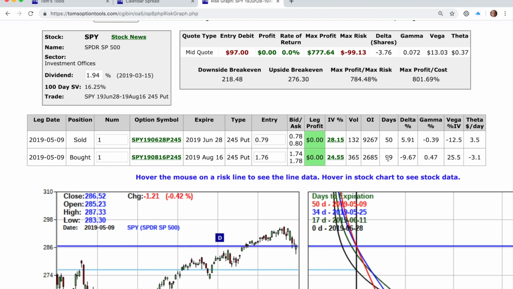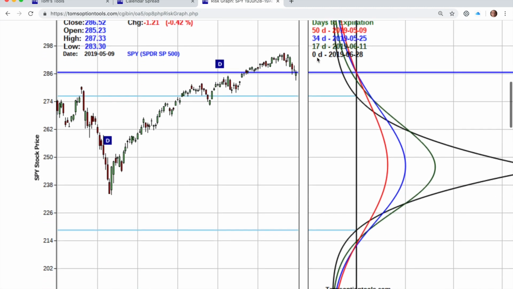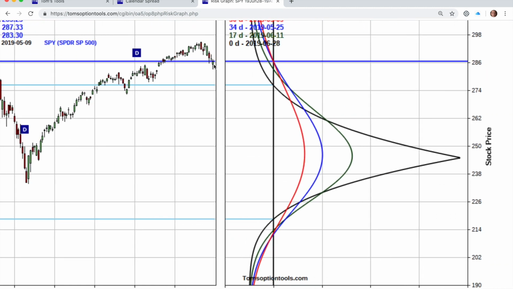We're buying a 100-day option, which is an August 245 put. We're doing all of that for 97 cents times 100 equals your total debit, which also equals your maximum risk. So think about that. You're putting roughly $100 in to make $775 roughly, and it's a good deal if, in fact, you believe the markets are bearish.